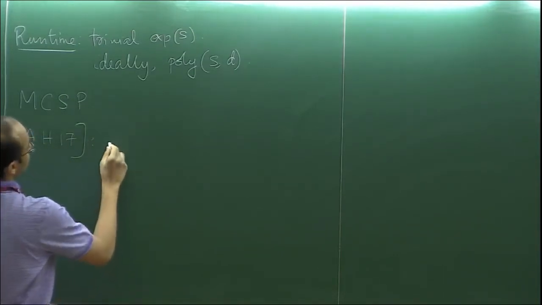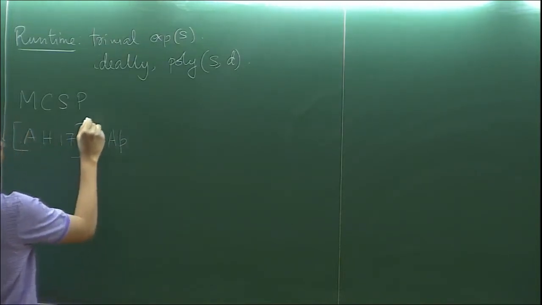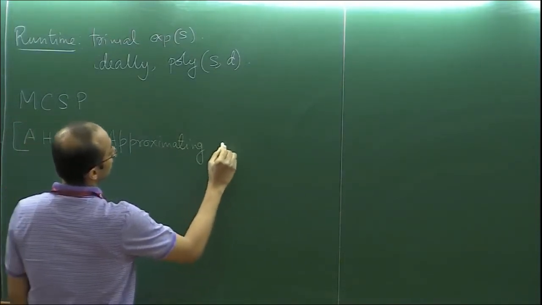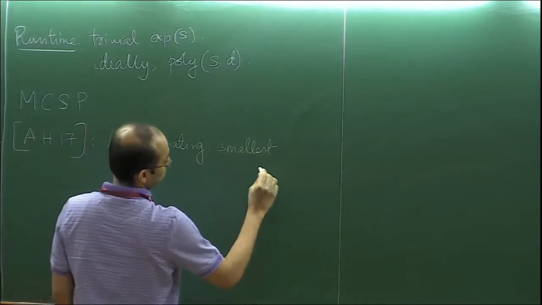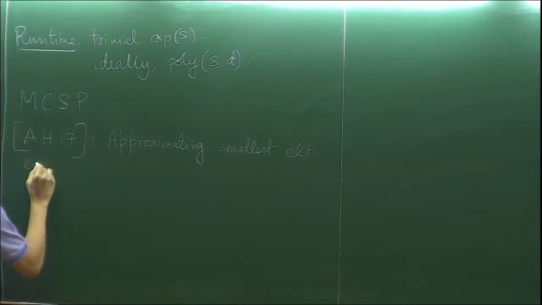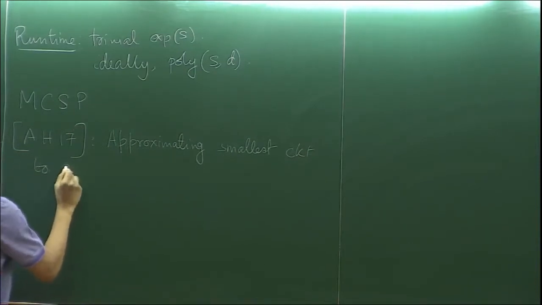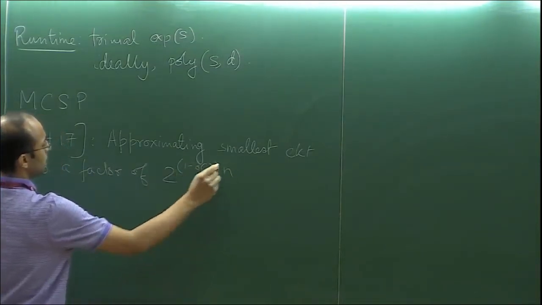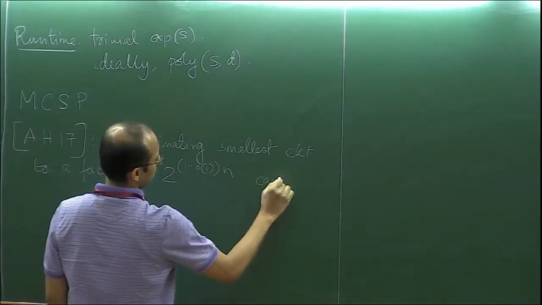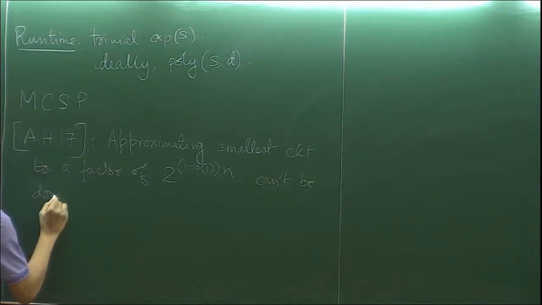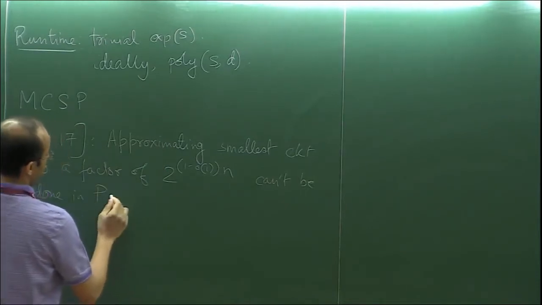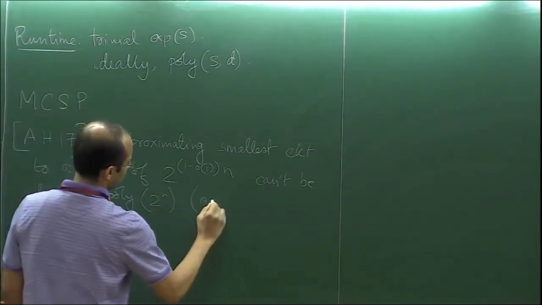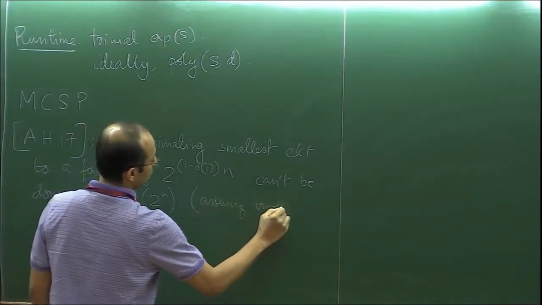It says the following: that approximating, and this is on Boolean circuits, let me stress that, approximating the smallest circuit to a factor of 2 to the 1 minus little o of 1 times n can't be done in P, by P I mean in poly in 2 power n, assuming certain things, assuming that one-way functions exist.